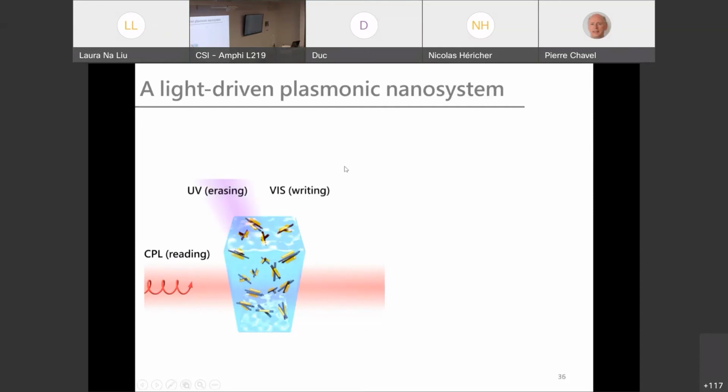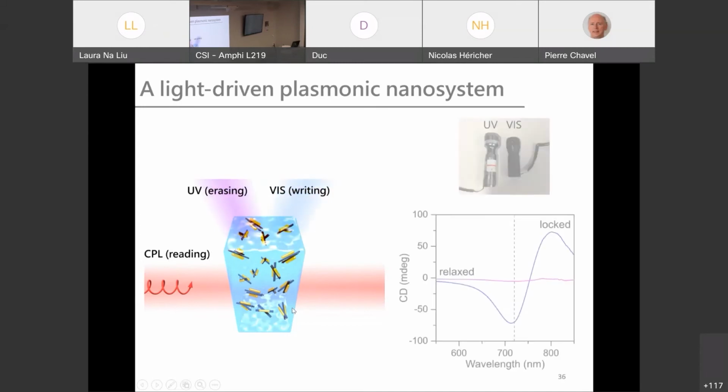So then in the experiment, what we have done is we have these plasmonic structures hosted by DNA origami template in a cuvette. We shine UV and visible light alternatively to erase and write the chiral conformation changes. And simultaneously, we utilize circularly polarized light to read the conformation changes optically in real time.